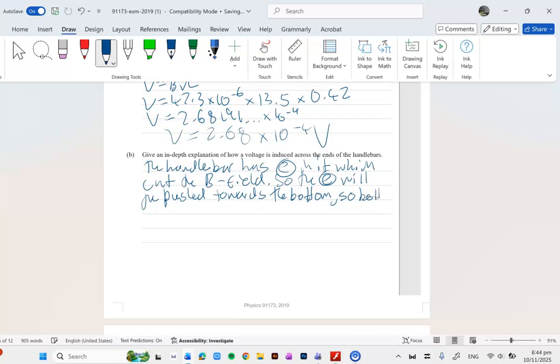So the bottom is negatively charged and the top is positive, so charge separation equals induced voltage. Easy. Next.